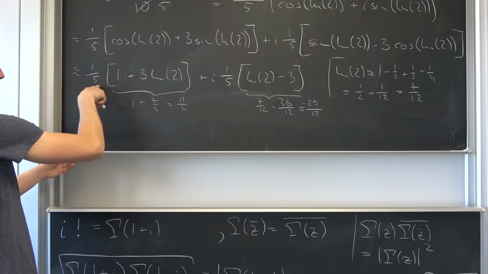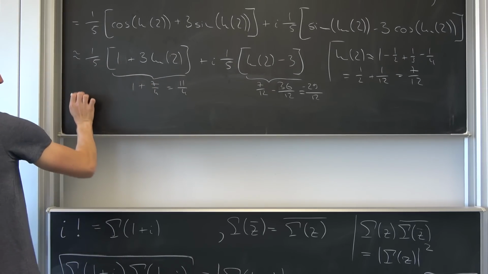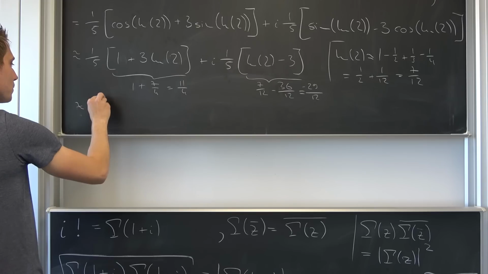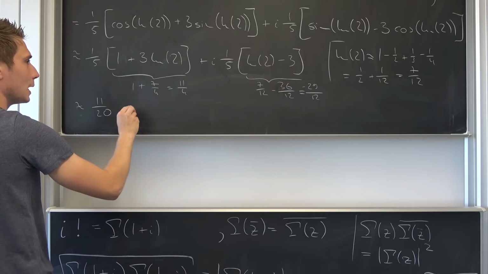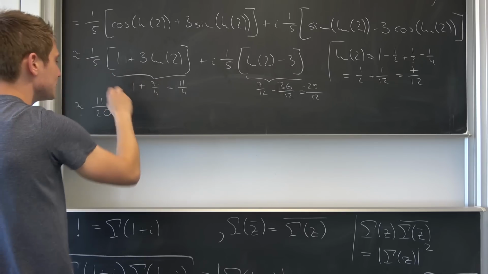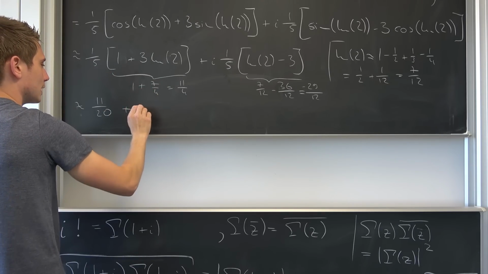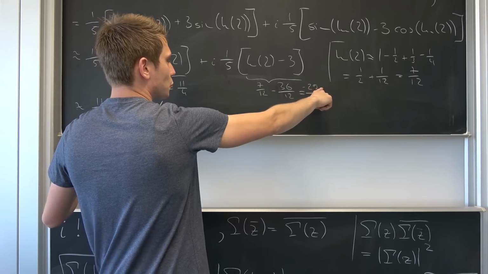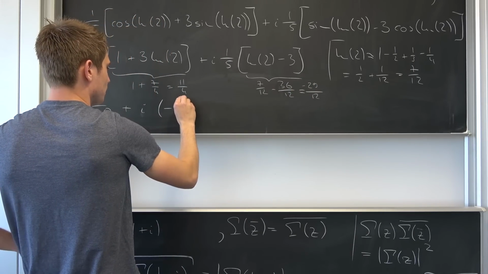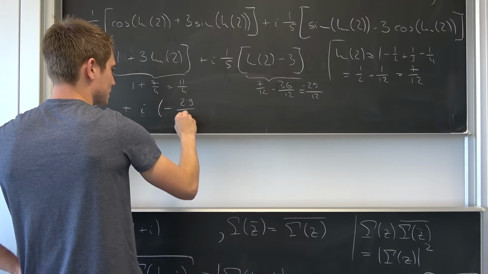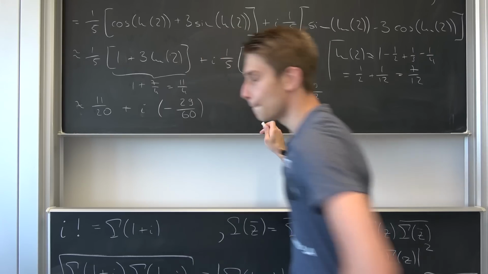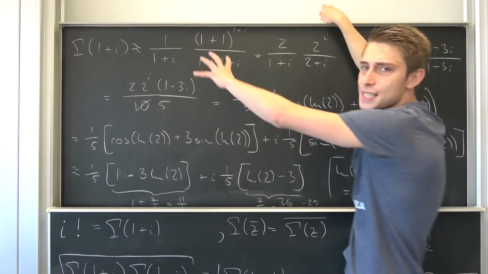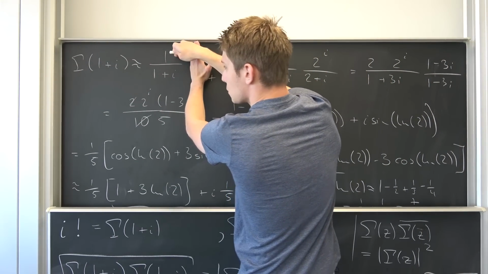So this in itself is nothing but roughly, once again it's an approximation, we are going to have 11/20 plus, using the 1/5 right here, i times, it's going to be a negative number, 29/60, not 16.